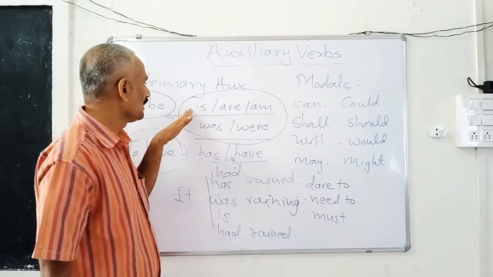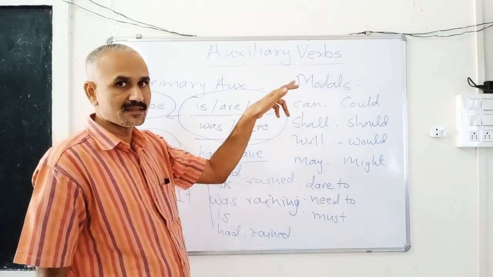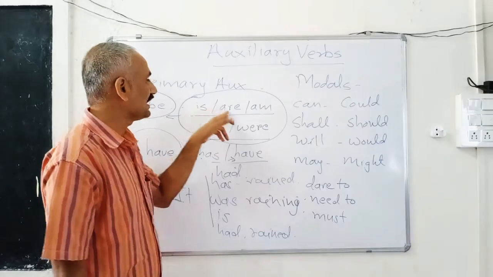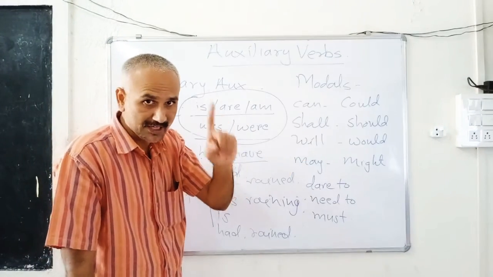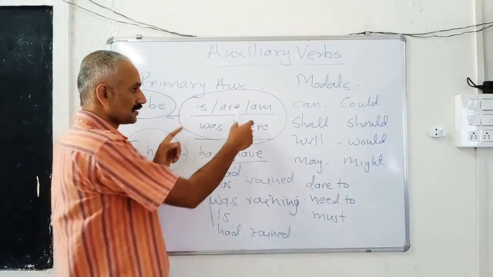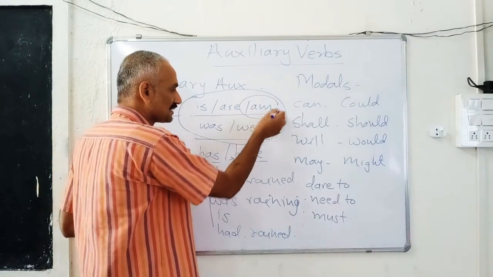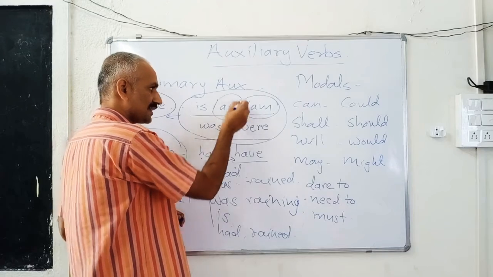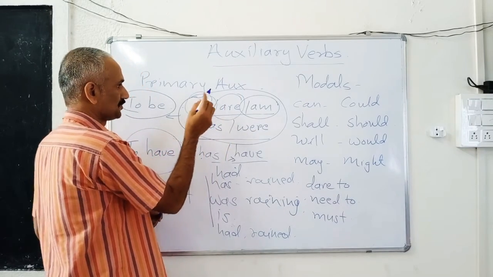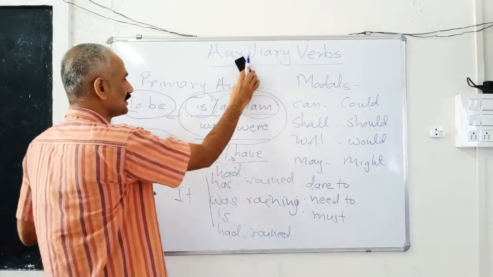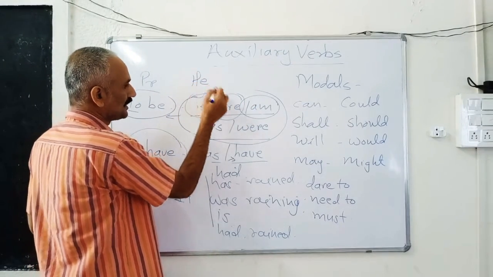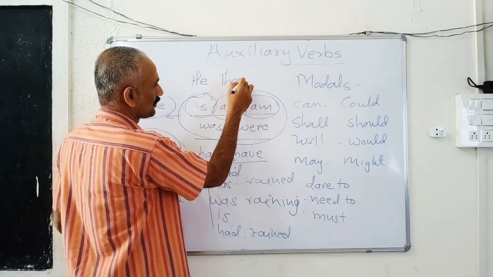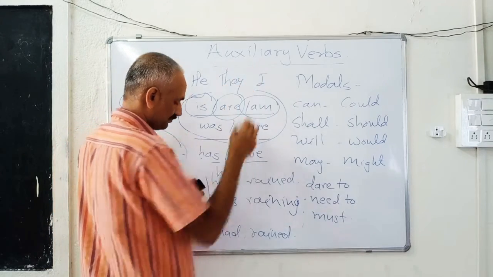For example, I am writing a letter. They are writing a letter. He is writing a letter. Now try to understand. In order to use am, I said I am, they are, and he is. Now try to concentrate on these three words: he is, they are, and I am.